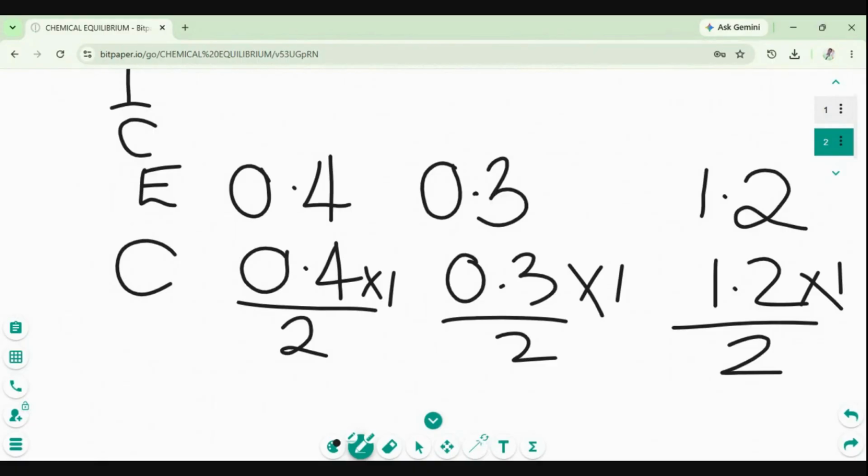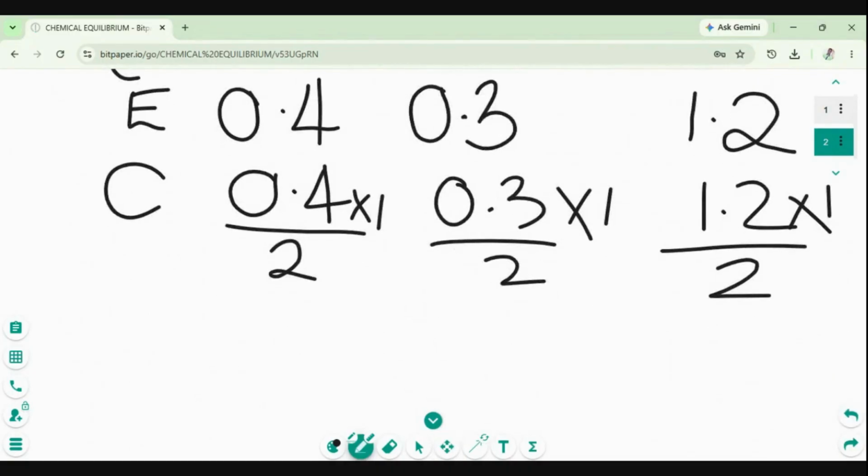But if it was in centimeters cubed, that 1 becomes 1,000. If it was maybe in a 2 centimeters cubed vessel, it would have been 0.4 over 2 times 1,000. But since I'm dealing with decimeters cubed, all liters, I don't need to multiply by 1,000. It is simply 0.4 by 2.